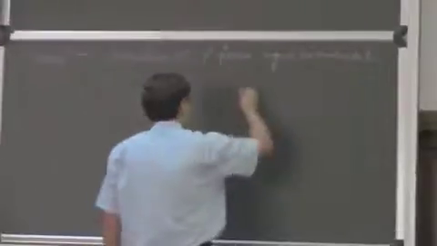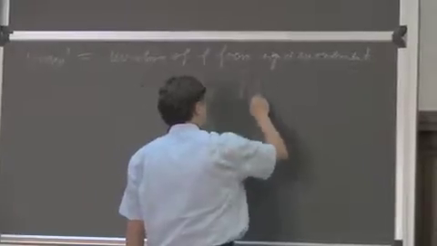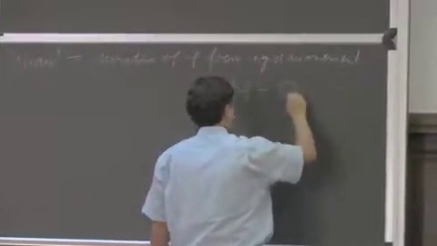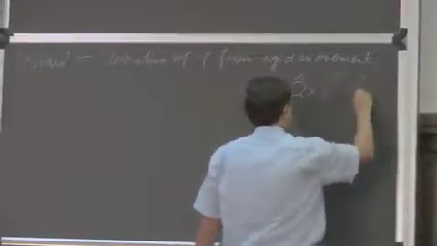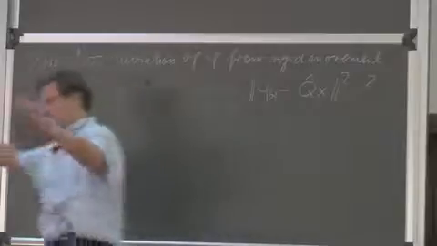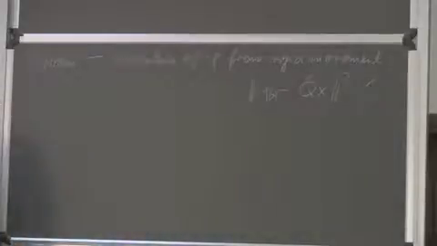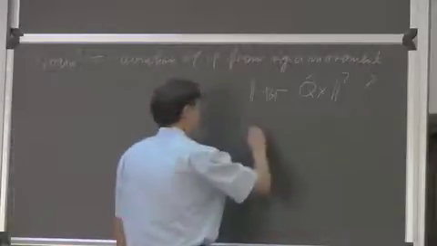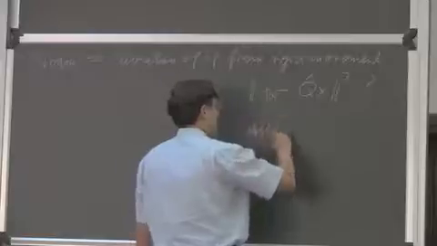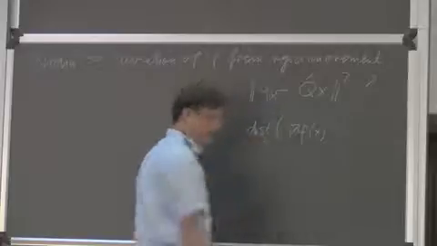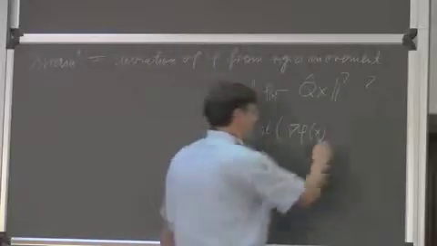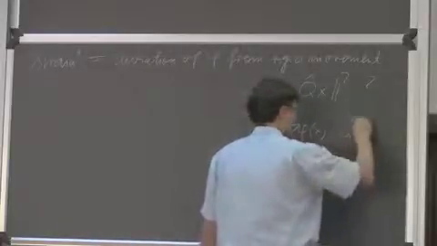It's not so simple to say some measure of phi minus Q times x. But we can take the gradient of phi and ask what the distance of the gradient of phi, locally in each point, is to a rotation Q.